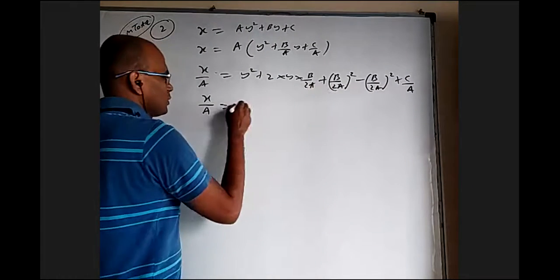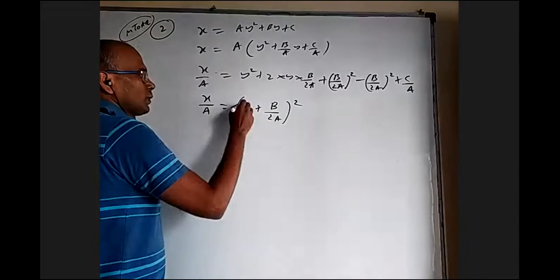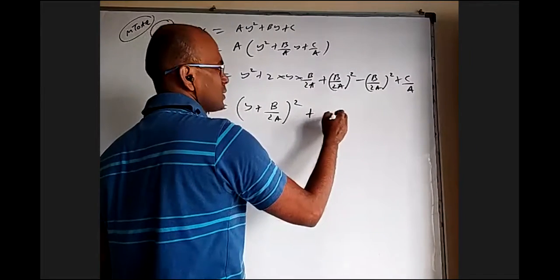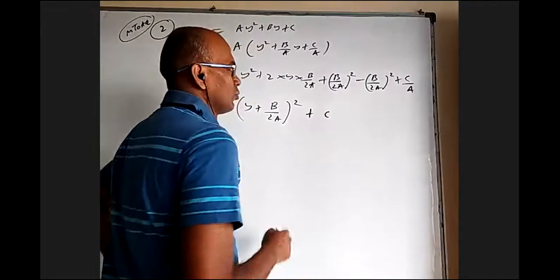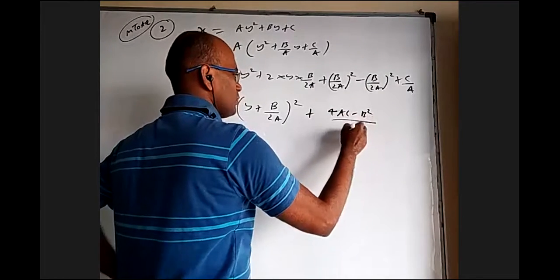These three together will be (y plus b by 2a) whole square. These two together is, 4ac, sorry, 4ac minus b square by 4a square.